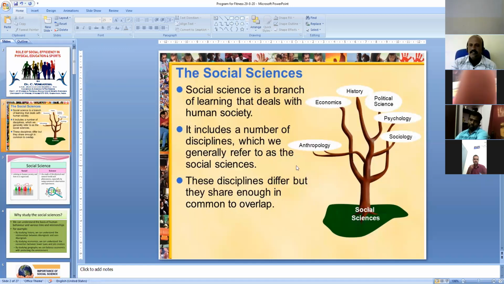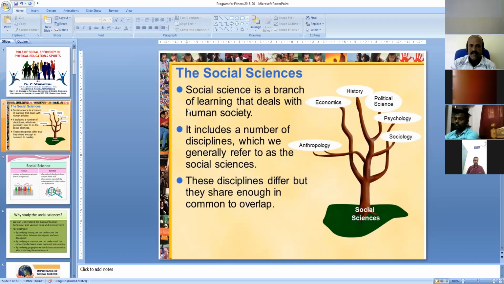Social science is one of the many learning aspects of the human being. In social sciences, there are 5 or 6 branches, namely anthropology, economics, history, political science, psychology, and sociology. As we relate to sports, we are concerned about psychology and sociology more than the other branches.